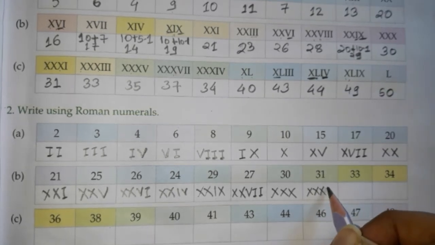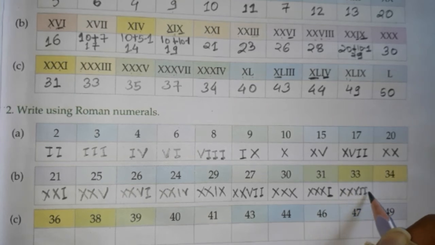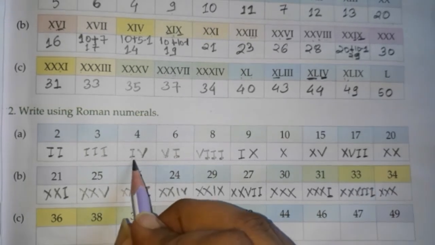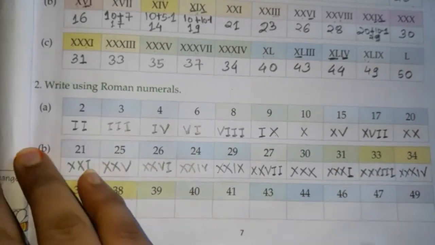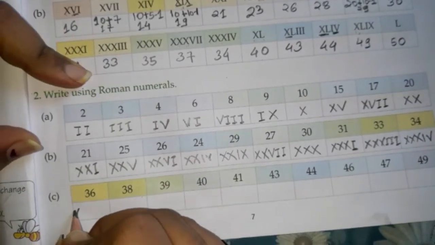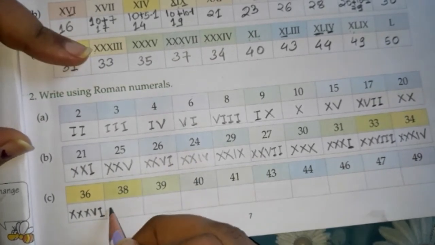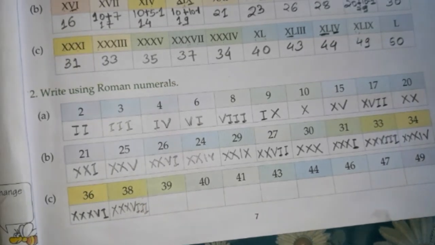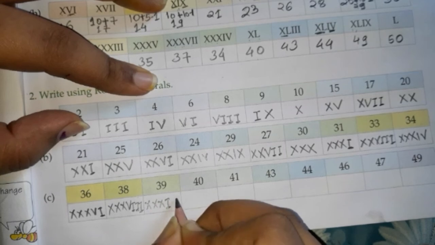XXX and I, 31. 33 can be written as XXXIII. 34 can be written as XXX and for 4 we already made IV. 36 is XXXVI. 38 is XXXVIII. Okay. 39 can be XXXIX.